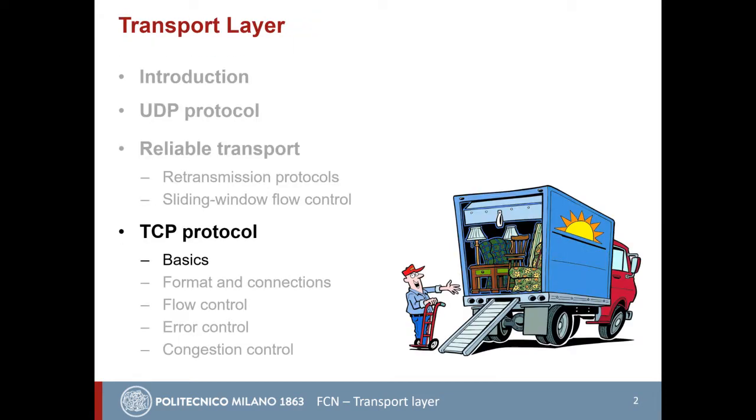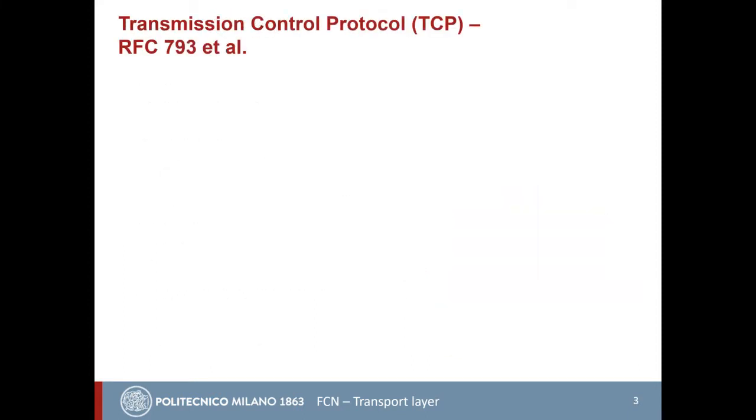We have concluded this part on the general mechanism of reliable transport, like retransmission and flow control by sliding window. We can start talking about the TCP protocol in a more deep way. First of all, the TCP protocol is standardized by IETF.